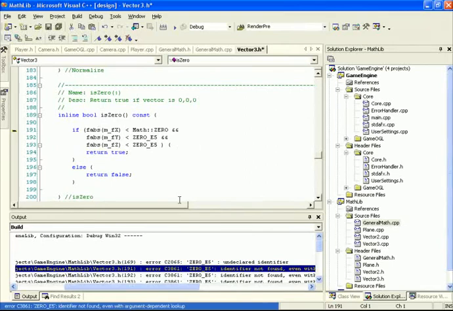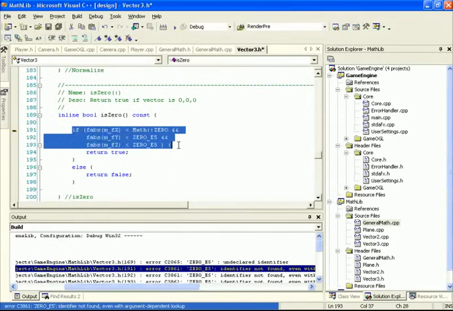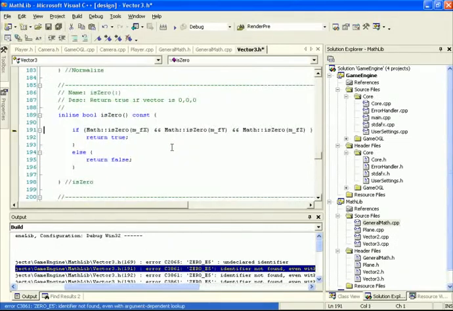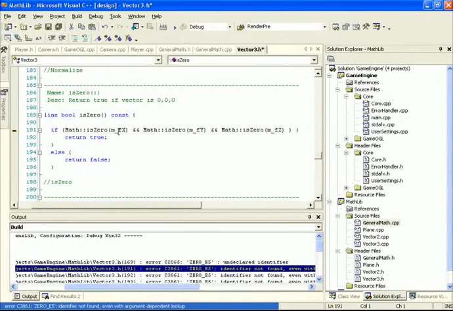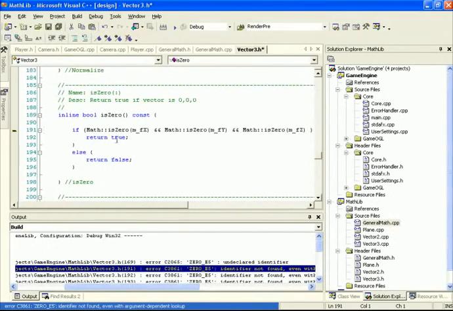Instead of doing all of this, we can now just rewrite this code to look like this. We're going to take the math function call is0, and we're going to pass it the x value, the y value, and the z value of our vector. If all of these are 0, then this is going to return true, which is going to return true to our is0 function for this function call.